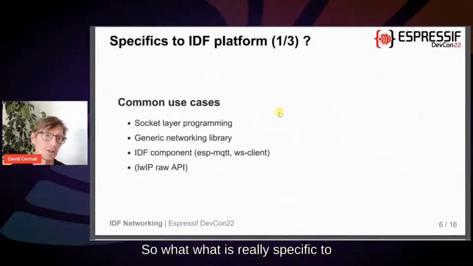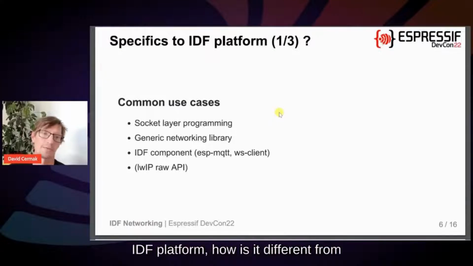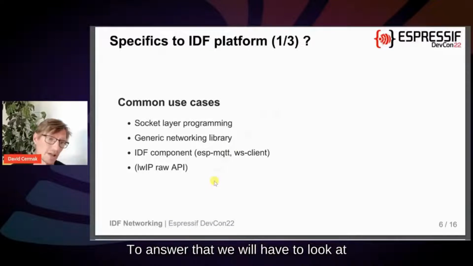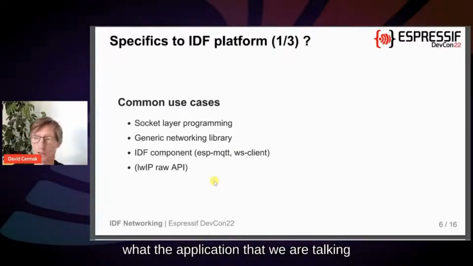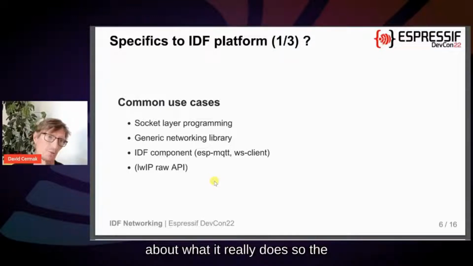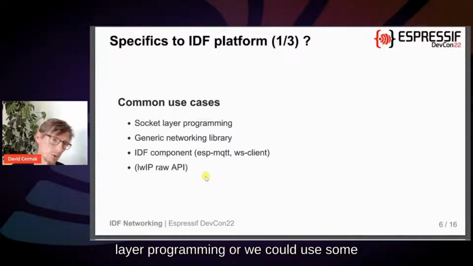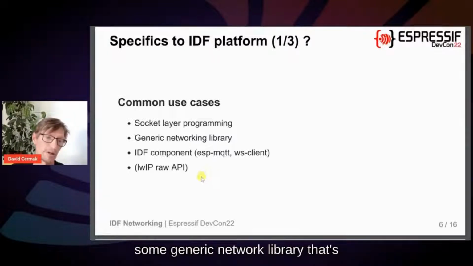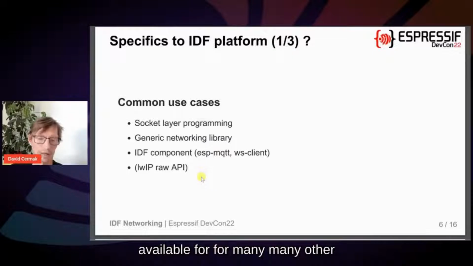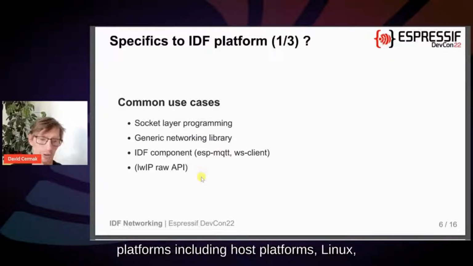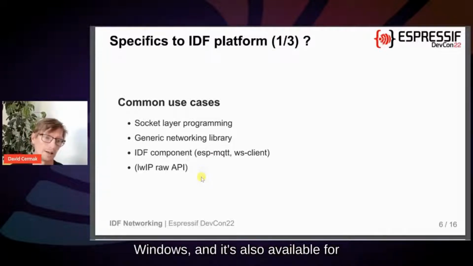So what is really specific to the IDF platform? How is it different from other networking programming? To answer that, we will have to look at what the application that we are talking about really does. The common use case is that we use socket layer programming, or we could use some generic network library that's available for many other platforms, including host platforms, Linux, Windows, and it's also available for Espressif chips.